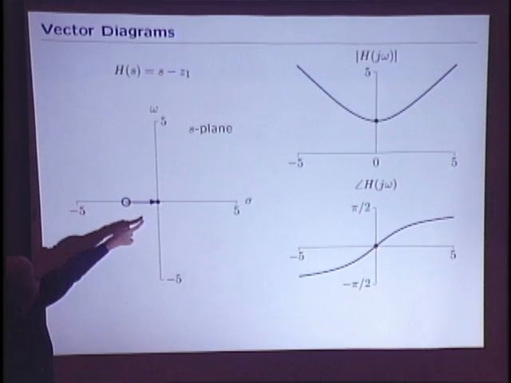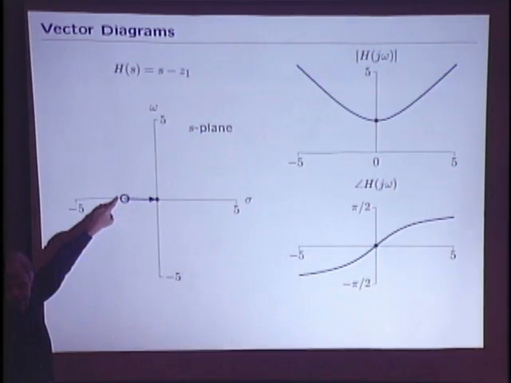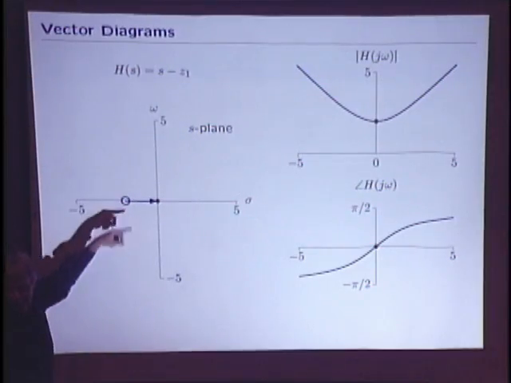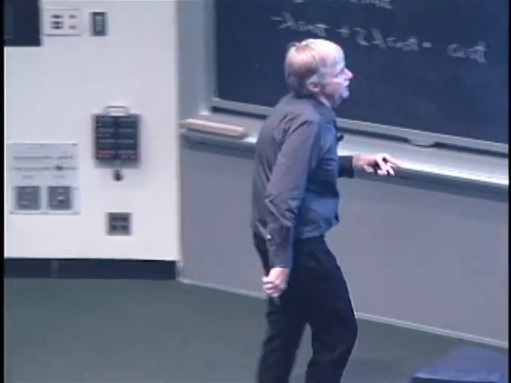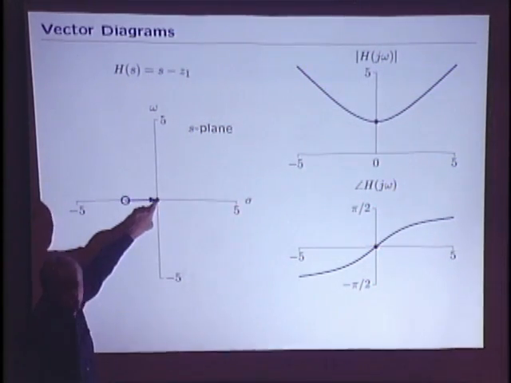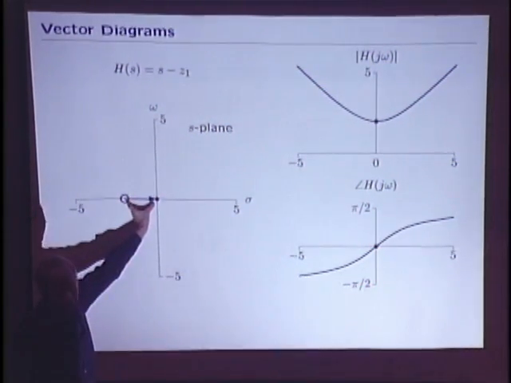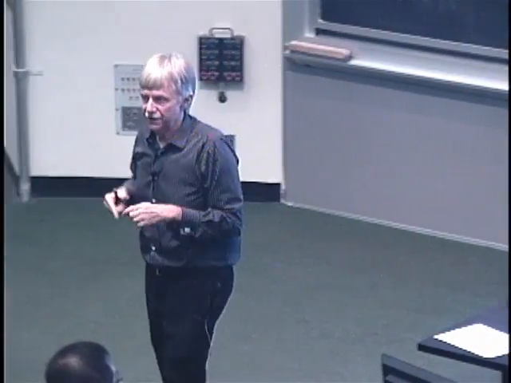So the eigenvalue is the length of this vector, that's the magnitude, and the angle of this vector. We always measure angle relative to the x-axis. So the angle of this vector is 0. So I get a magnitude, which is that big, and an angle, which is 0, and that's plotted over here. That's my result for a low frequency, a frequency close to 0.